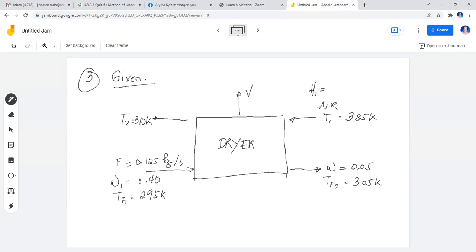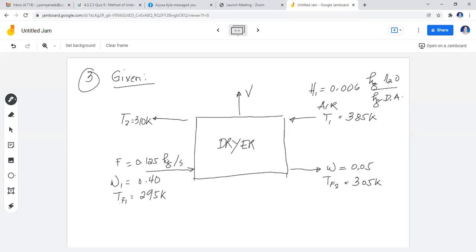So I'd like to label that as H sub 1 of 0.006 kilogram water per kilogram dry air. I'd just like to abbreviate dry air as DA.